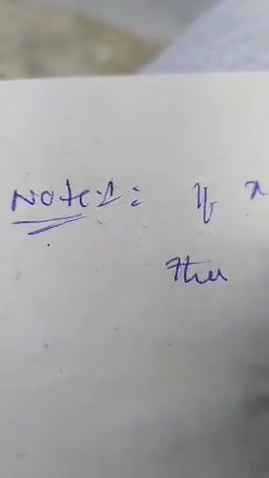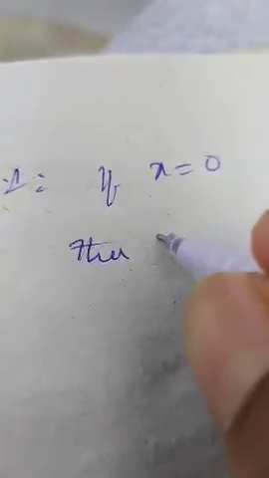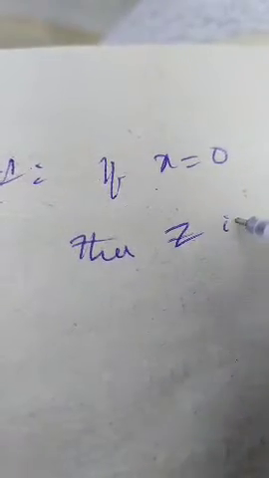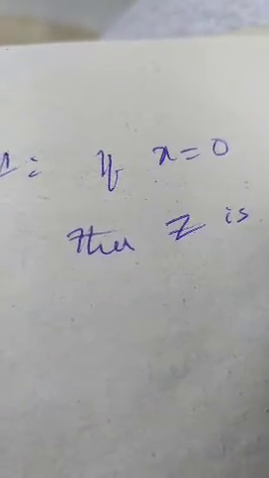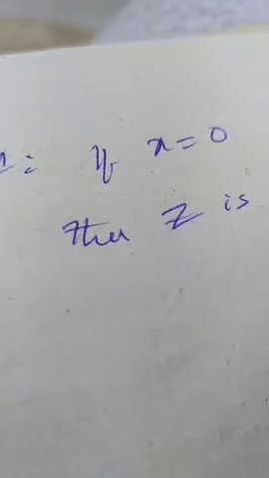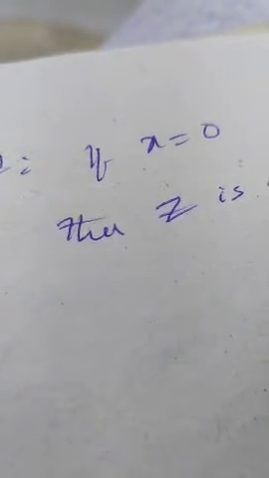Now note, remember these notes. Note 1: if x is equal to 0, then z is purely imaginary. If the real part is 0 in z, that is x plus iy with x equal to 0, then you will have only iy. It does not have a real part, so it is called a purely imaginary number.